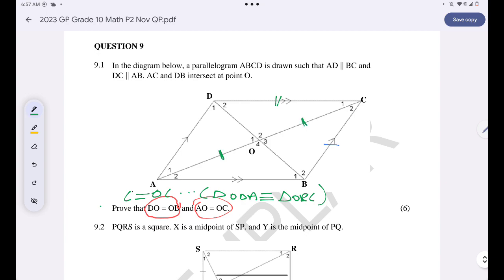Are you together? And this one will be equal to this one. Why am I saying that? Because this side subtends angle A1 and this side subtends angle C2. So these two sides subtend equal angles in these two triangles.